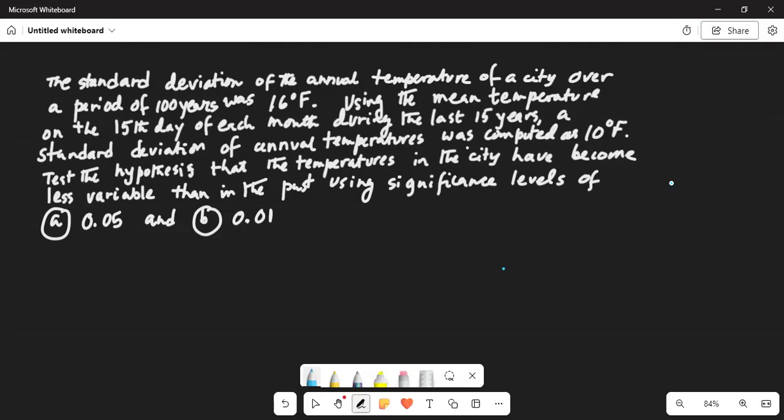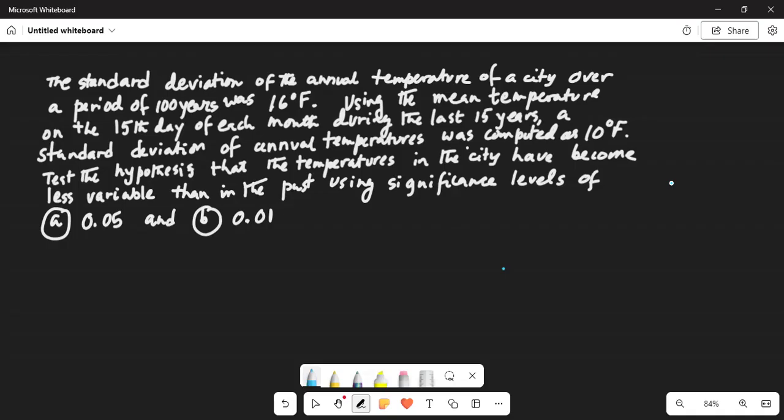Using the mean temperature on the 15th day of each month during the last 15 years, a standard deviation of annual temperatures was computed as 10 degree F. Test the hypothesis that the temperatures in the city have become less variable than in the past using the significance levels of part A 0.05 and B 0.01. So two different significance levels.